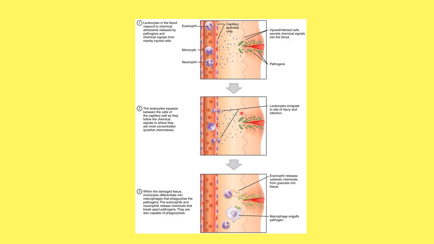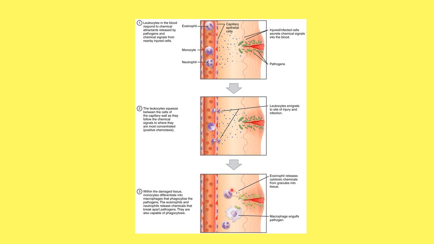So they're going to come over here where the chemicals are attracting them. And they're going to basically eat up any foreign debris here. So any of these bacteria, it's like, ooh, chow time. We're going to munch them down. And they also will clean up any damaged tissue. They're the cleanup crew.